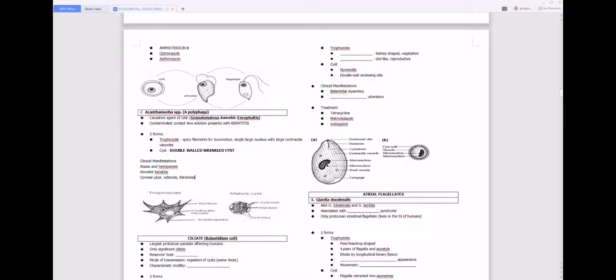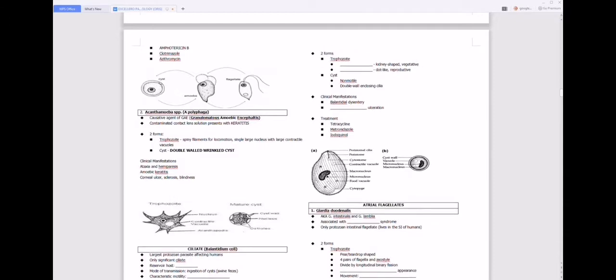So what can you use to culture Acanthamoeba species? So you can use PYGC medium. So for culture, PYGC means proteose peptone, yeast extract, glucose, and cysteine. Okay?